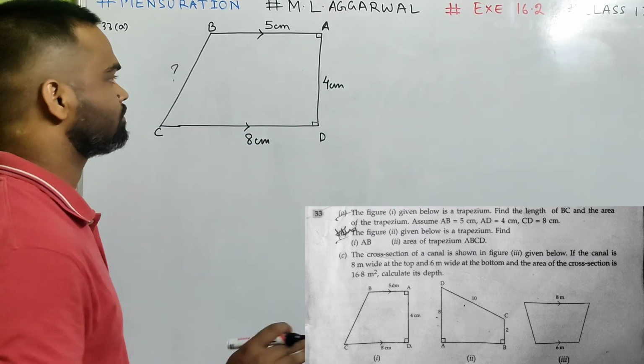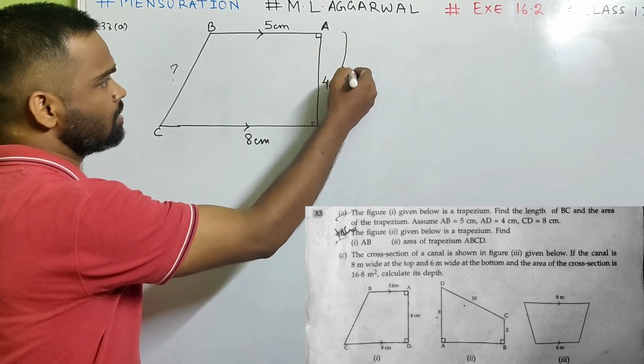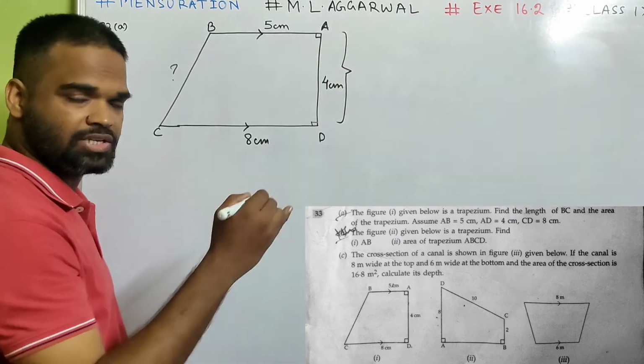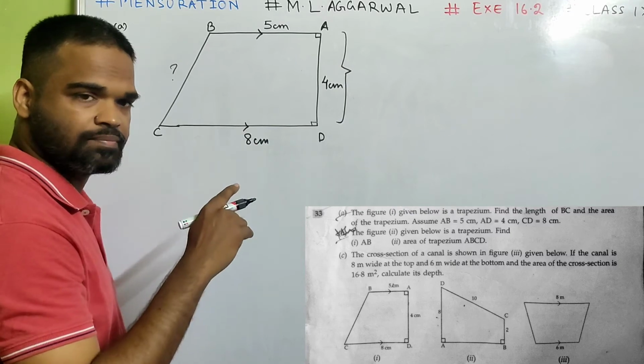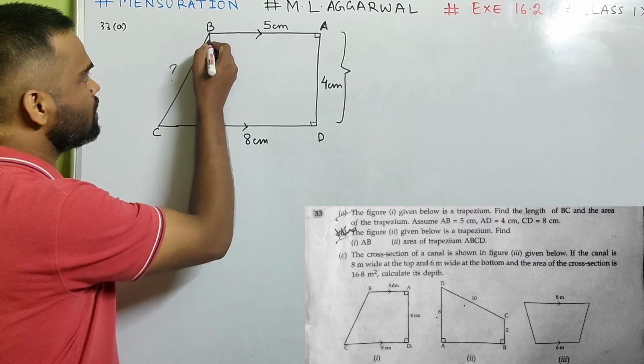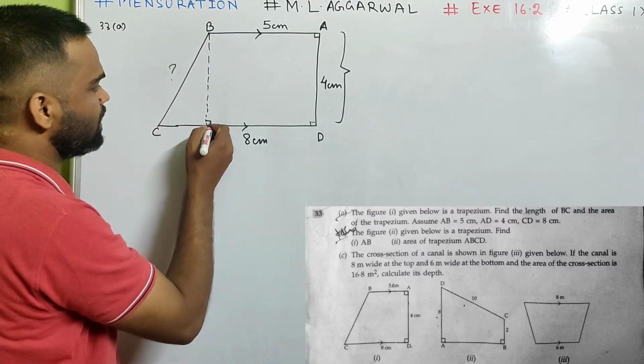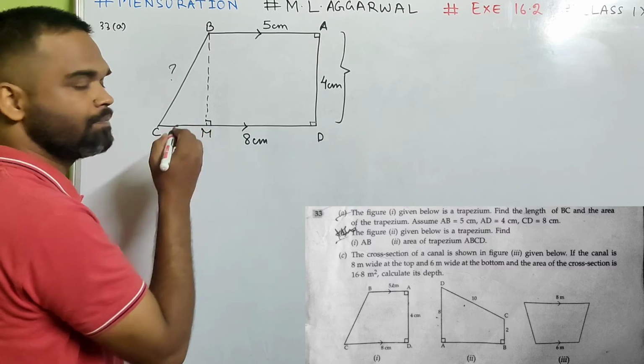Now look carefully. What I'll do, now this becomes the height of this trapezium, which is 4 centimeter. Now from B, drop a perpendicular on CD. Suppose BM.